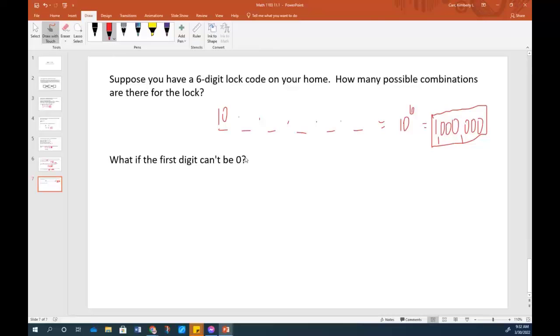What if the first digit can't be 0? Well, if the first digit can't be 0, then we don't have 10 choices right here. We would have 9 choices for the first one, but then we could use zeros and we would have 10 choices for each of the remaining 5.